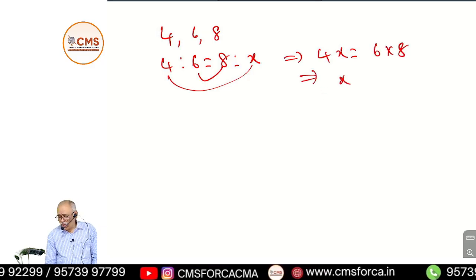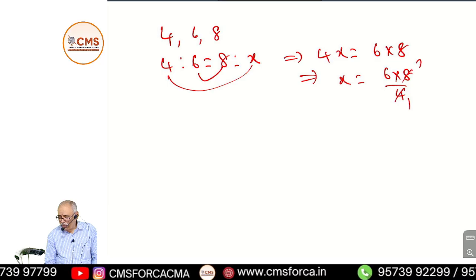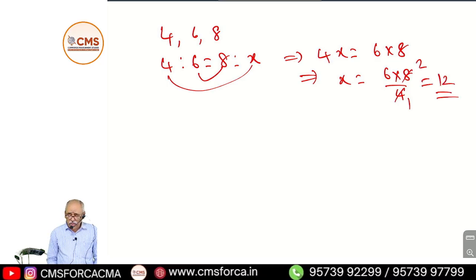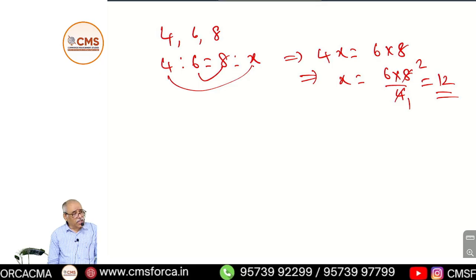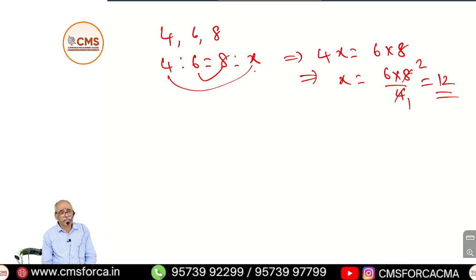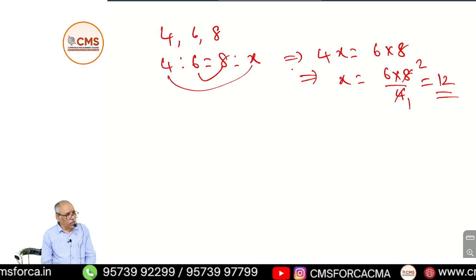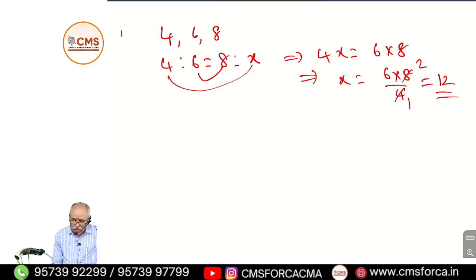So x is equal to 6 into 8 by 4. 4 ones are 4, 4 twos are 8, 6 twos are 12. So the fourth proportional is 12. You can say x or d also. If you get any confusion, you can write d, because we used a is to b equal to c is to d. Okay, so this is the first question.